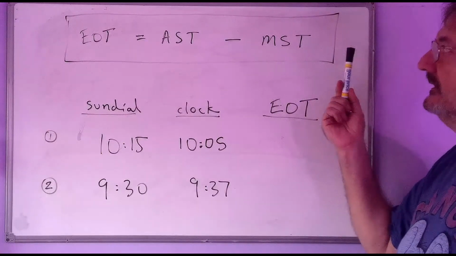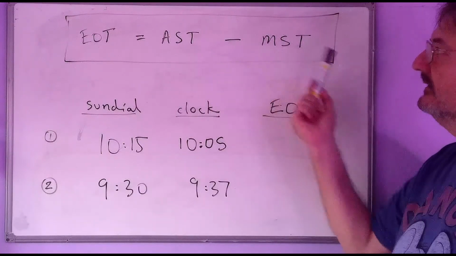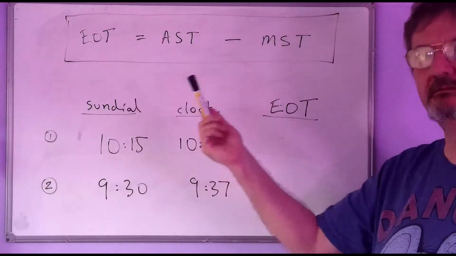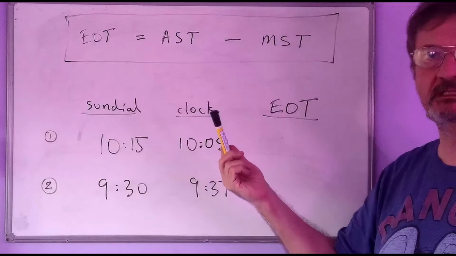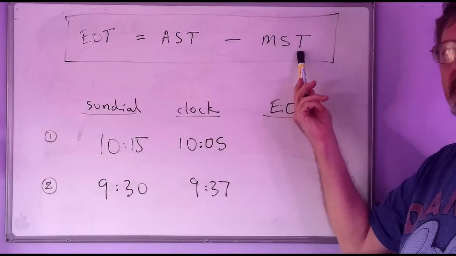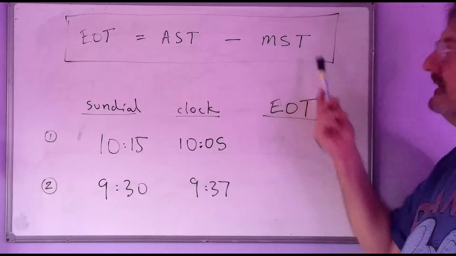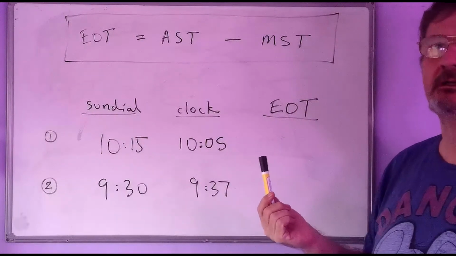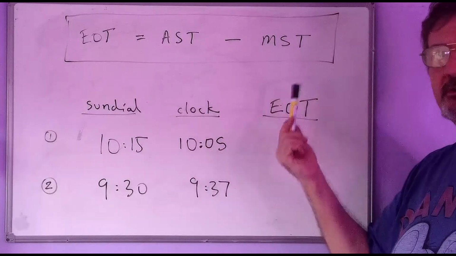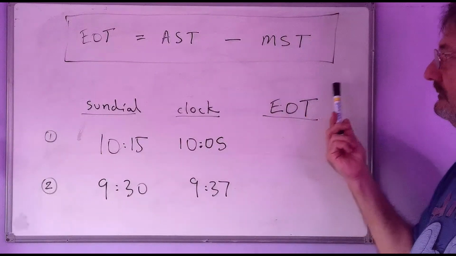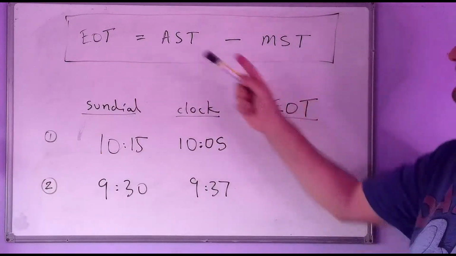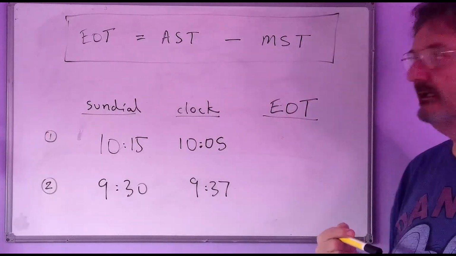So throughout the year, when you compare the two, the sundial could be ahead or it could be behind within plus or minus 15 minutes. This is the average, this is the mean solar time. There is an idea of a mean sun as in an average sun, the average sun throughout the year. So the equation of time is how far ahead the sundial reading is.